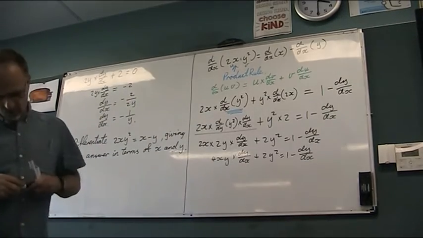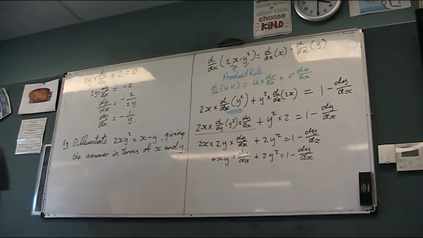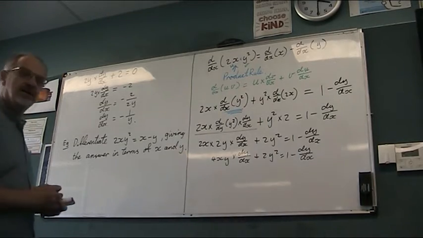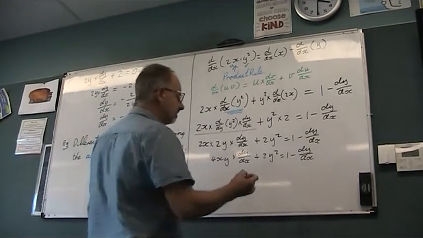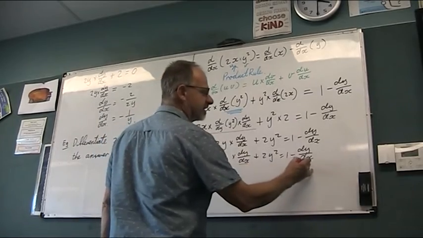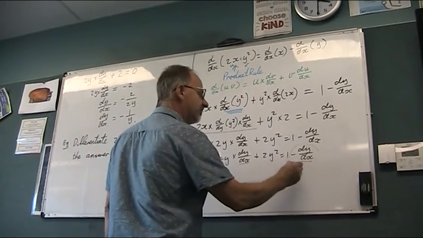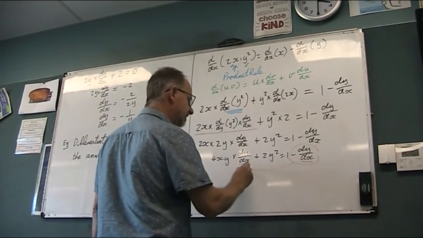Alright, now what? Any suggestions? Anyone? Bright ideas? No one got any bright ideas? Well, this has got dy dx in it, and so does that. So how about we move this one over this side?